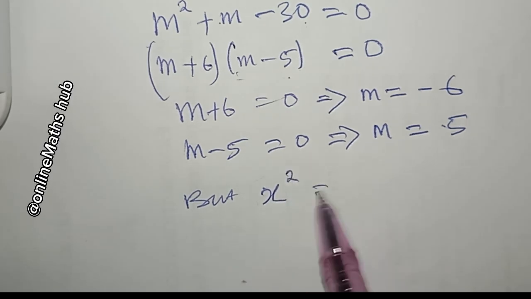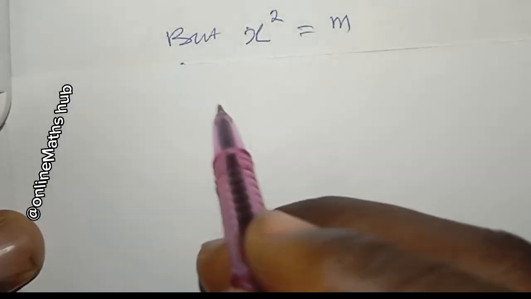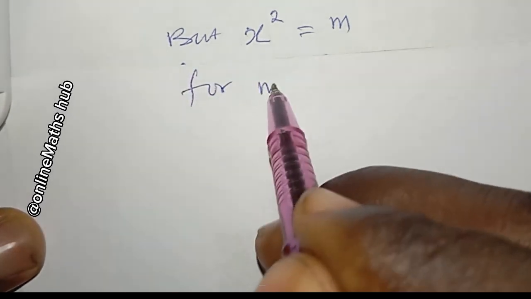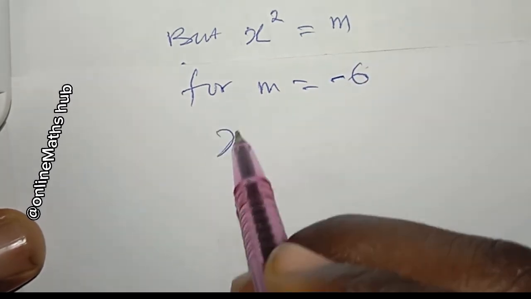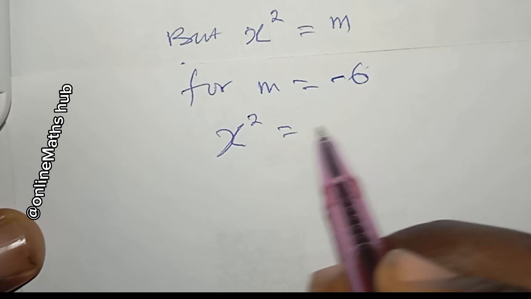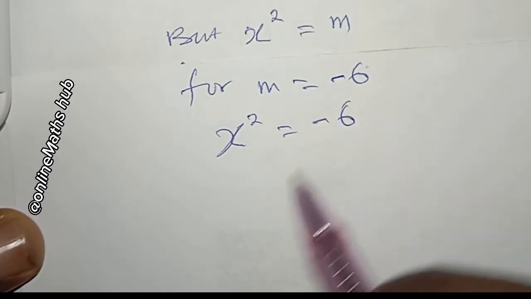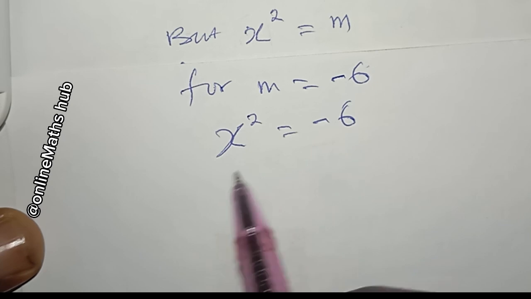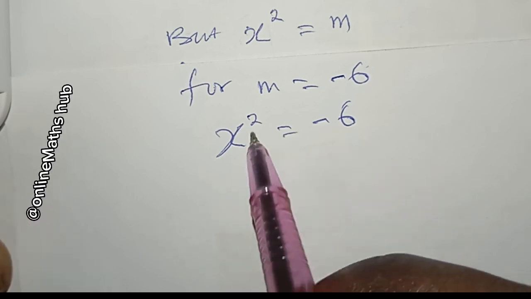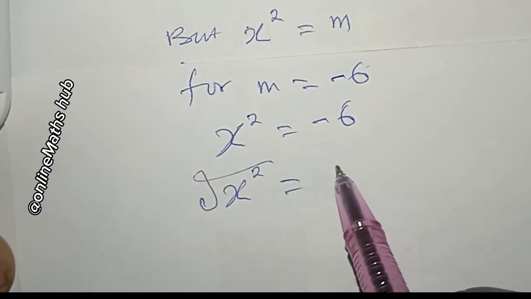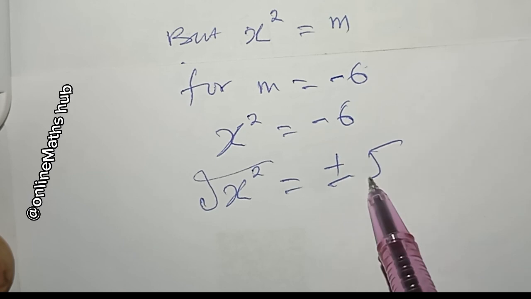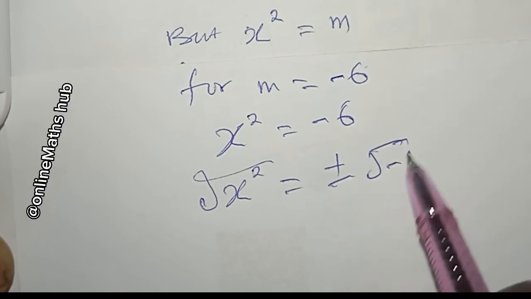But don't forget, we set x power 2 to be equal to m. For m equal to minus 6, we now have x squared is equal to minus 6. We take the square root of both sides to find the value of x, so x is equal to plus or minus the square root of negative 6.